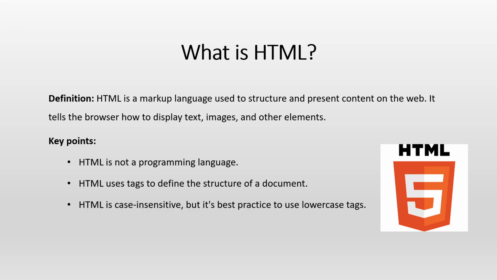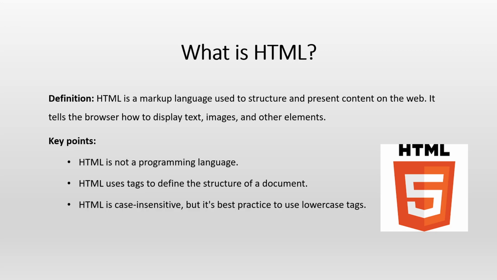So HTML is just a markup language. It is not a programming language. Markup language is totally different, and programming language is totally different. In a programming language, we write different kinds of logic, we do some automation things.